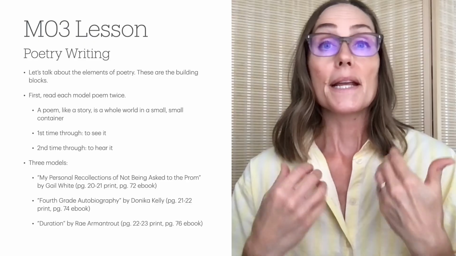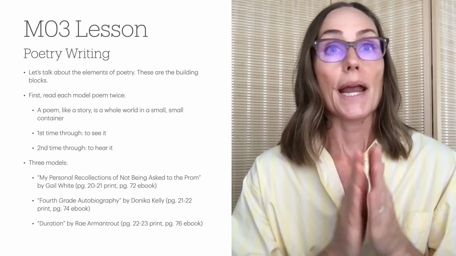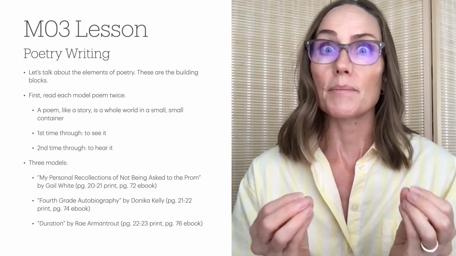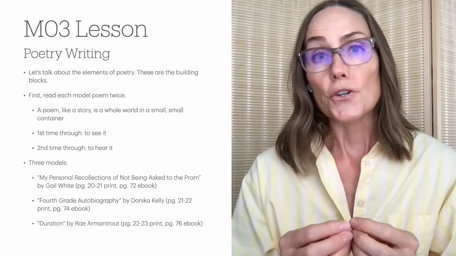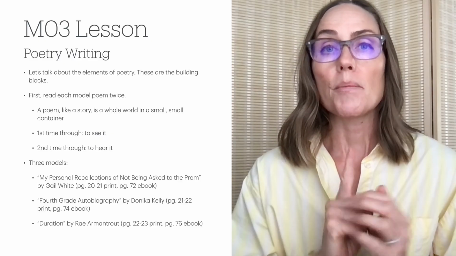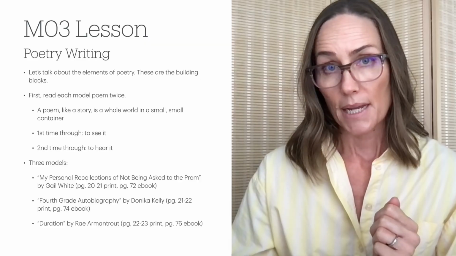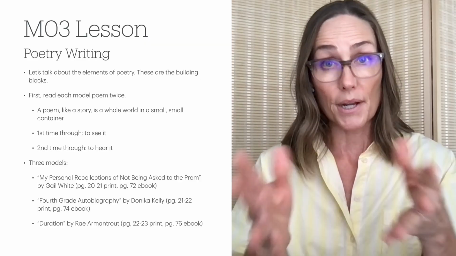Now, when I approach a poem, my first thought is okay, I have to figure out what that world is. And sometimes that takes a couple readings. So, what I do is I read the poem the first time through to see it because poetry is visual. It's a visual art, it's an art on the page.